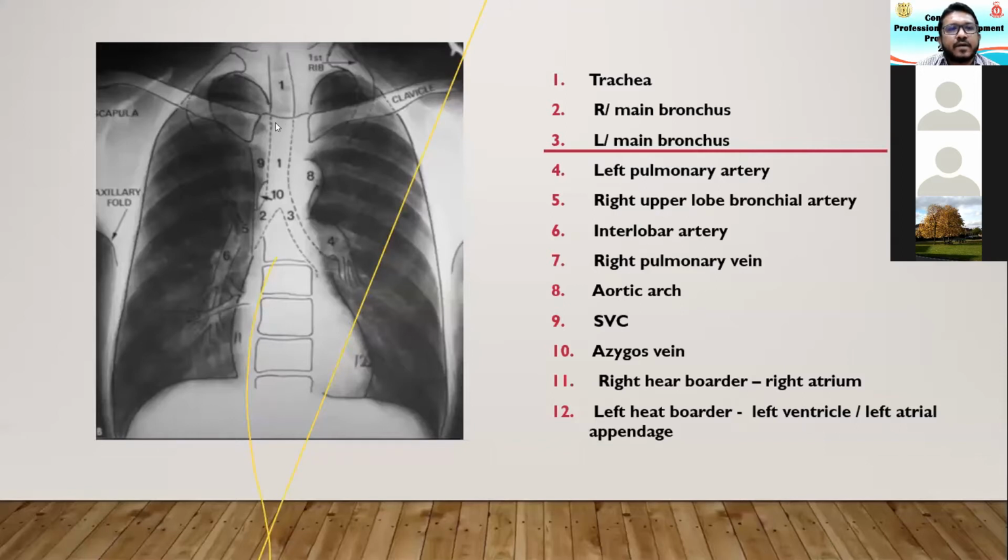If you have equidistance from each medial end of the clavicles, that means it's a well exposed, non-rotated X-ray film.